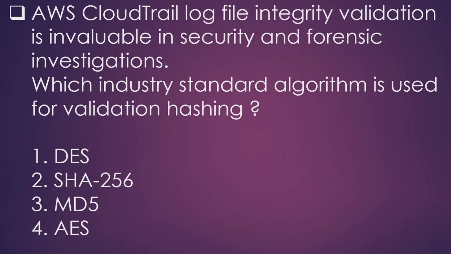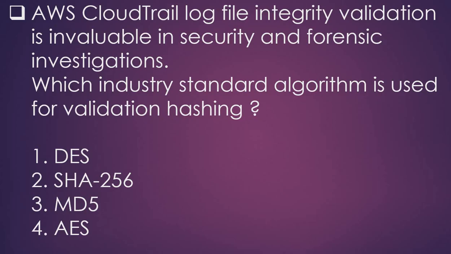Now read this question. AWS CloudTrail log file integrity validation is invaluable in security and forensic investigation. Which industry standard algorithm is used for validation hashing? So this is related to security.